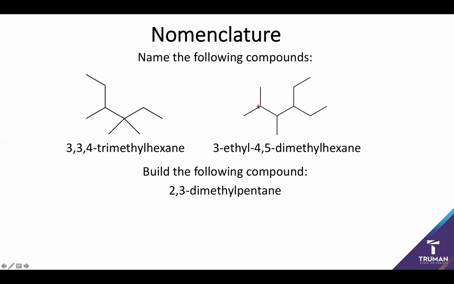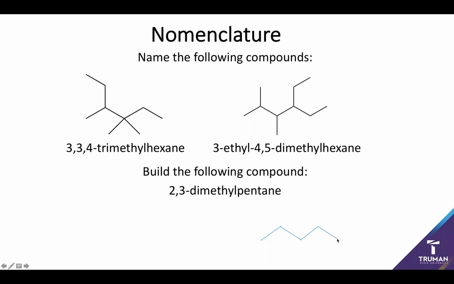So let's try and build a compound for 2,3-dimethylpentane. The big feature here is I've got a pentane molecule. So this means I've got 5 carbon atoms in the chain. 1, 2, 3, 4, 5.